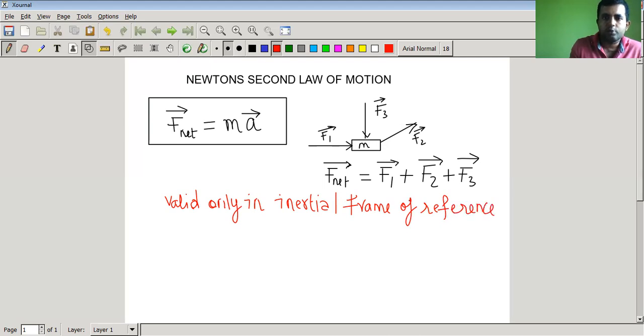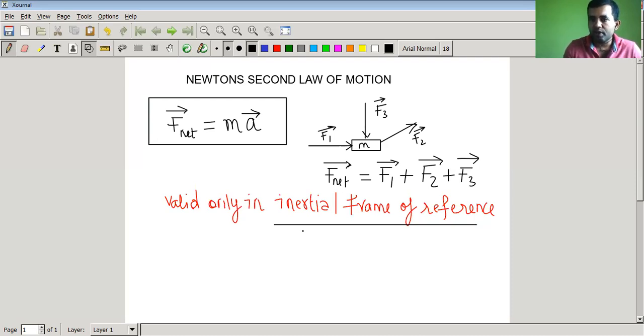Now, you may ask, what is an inertial frame of reference? So let us talk about it. See, a frame of reference is the place from where observation is made. Right now, suppose you are sitting in your room.